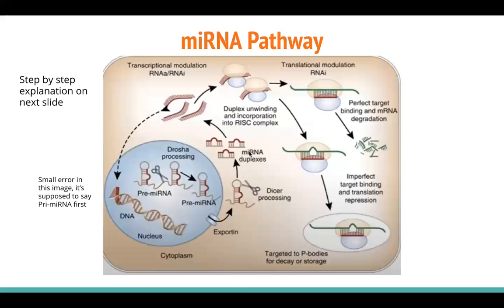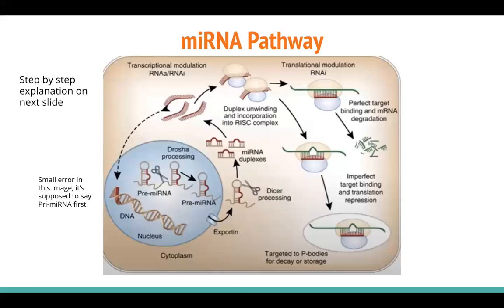These duplexes are obviously composed of two parts, because this is double-stranded RNA. One part has exact complementation to the mRNA transcript that you're trying to get rid of. Just to refresh, the whole reason the cell is doing this is because it's trying to destroy mRNA that it doesn't need.